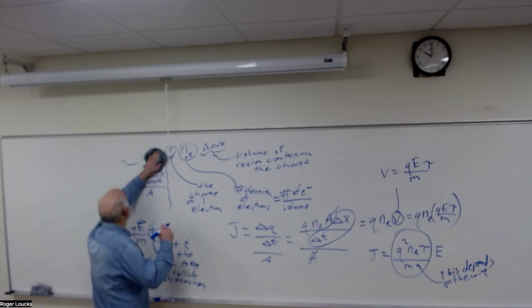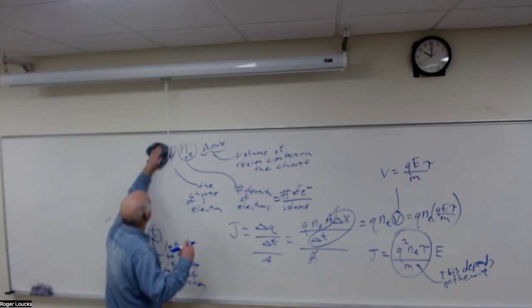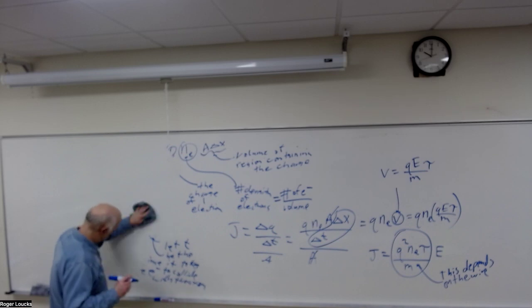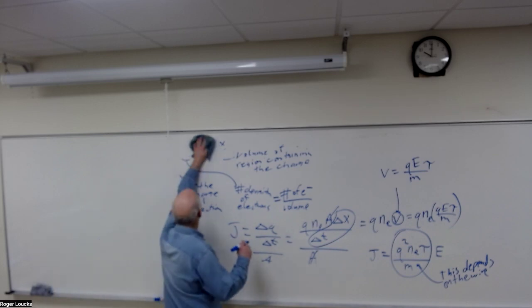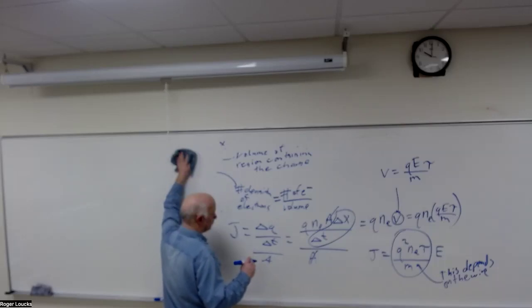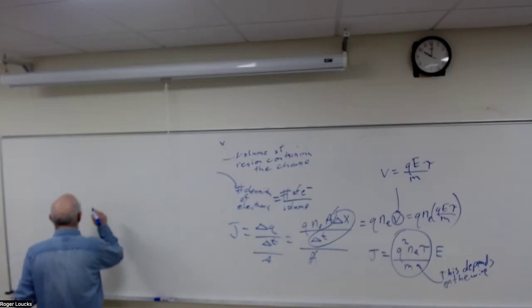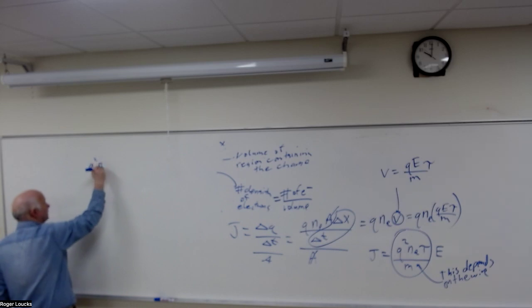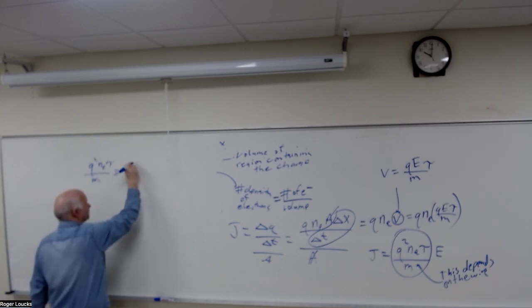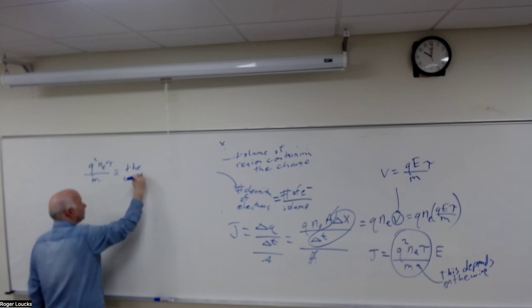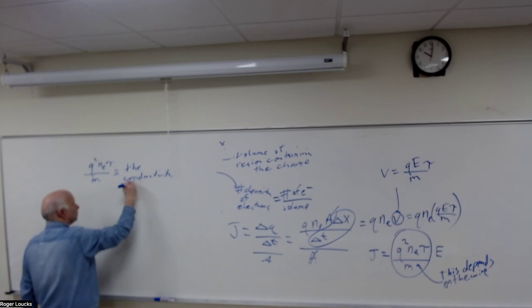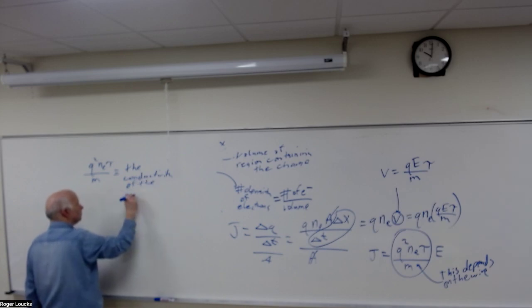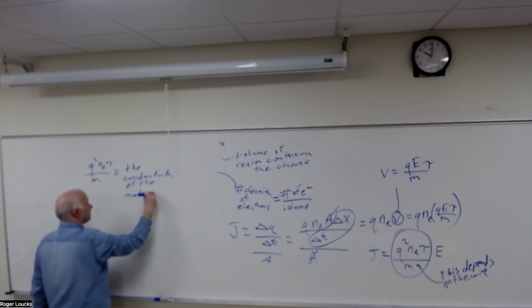So we're going to give that a name. We're going to call that the conductivity. The whole quantity here, Q squared N tau over M, is by definition the conductivity.